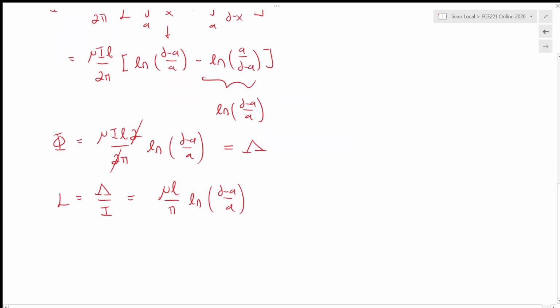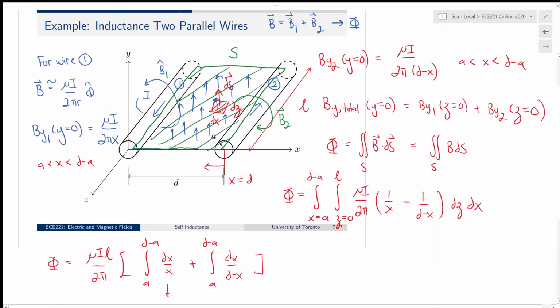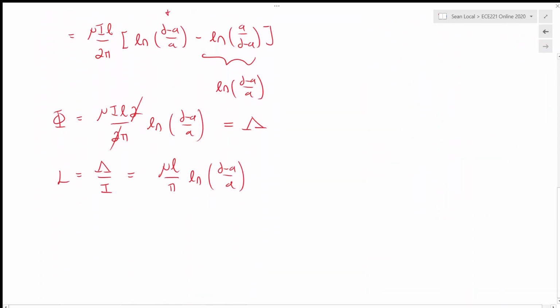We could simplify this a little bit because if we look at our diagram here, the separation distance between the wires is much larger than the wire radius. So d is much larger than a. If d, the separation distance, is much larger than the wire radius a, then the argument to the log is basically d, because d overwhelms a.